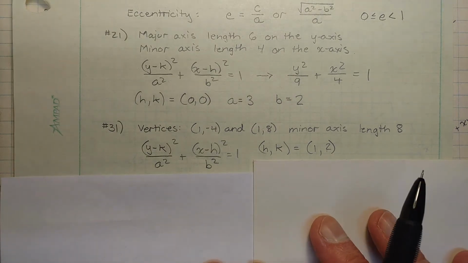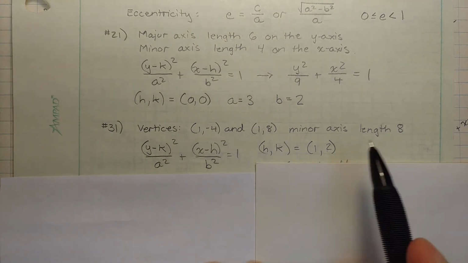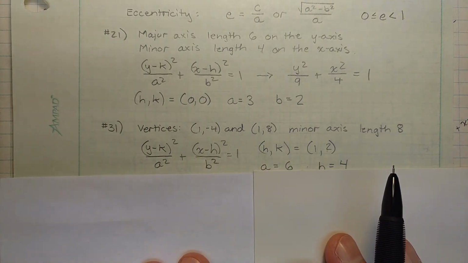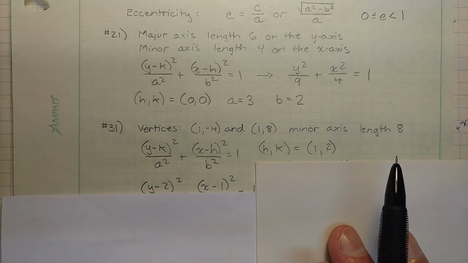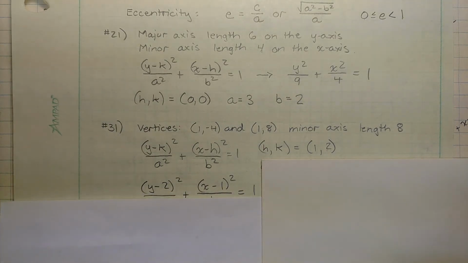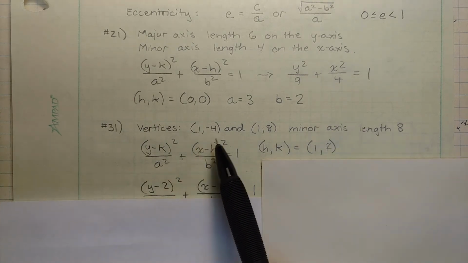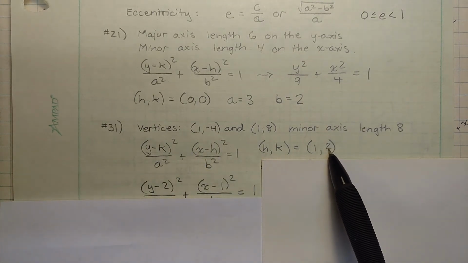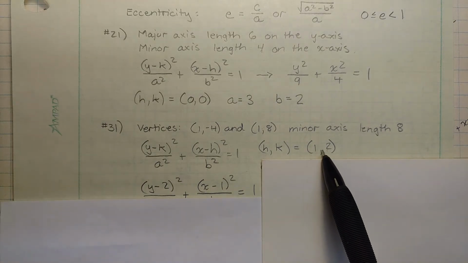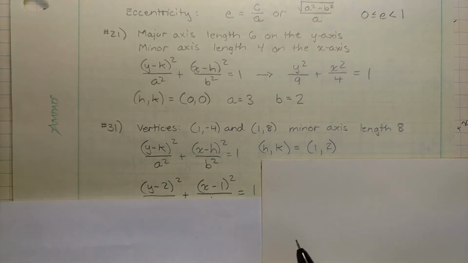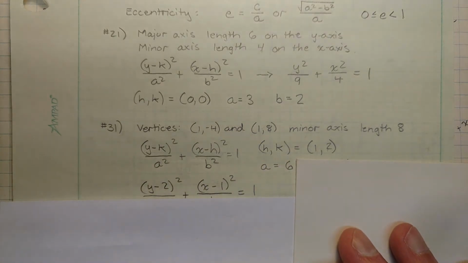So now I can go ahead and plug those in for h and for k. Now what I have to do is find my a and my b. Well, notice this is my center, this is a vertex, going from 2 to 8 goes 6, so a would be equal to 6.